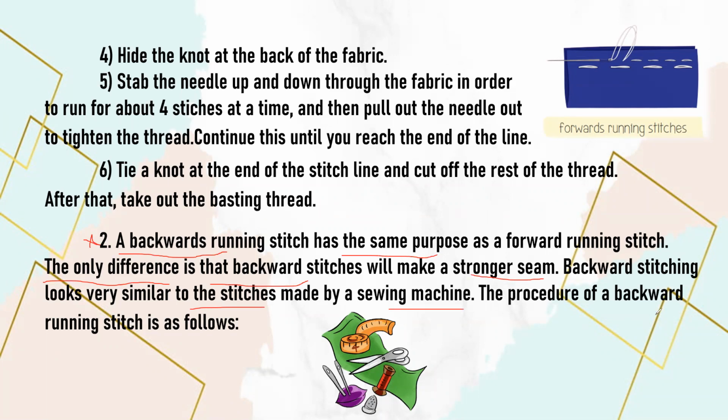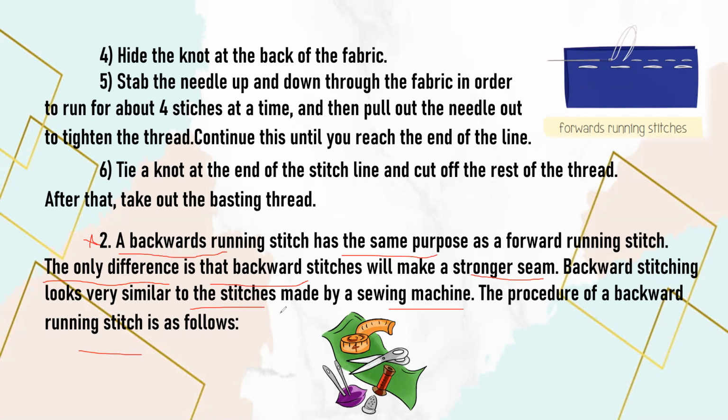Okay, the procedure of backward stitching is as follows. So both backward running stitches and forward running stitches are actually the same. They are for the same purpose. What is the difference? Only one difference. Backward stitches will make a stronger seam.